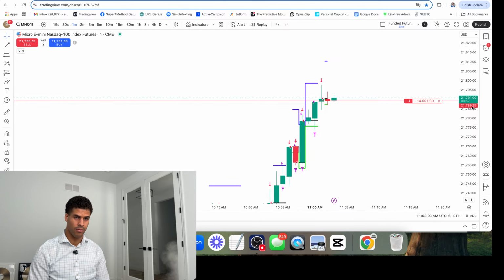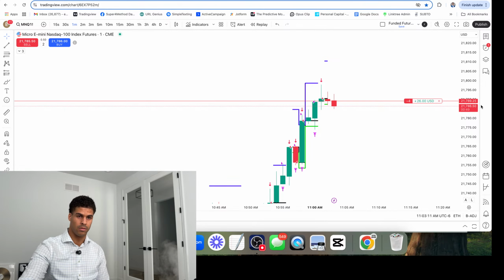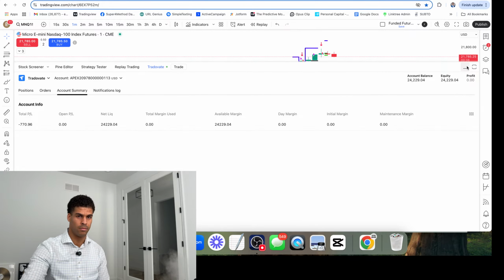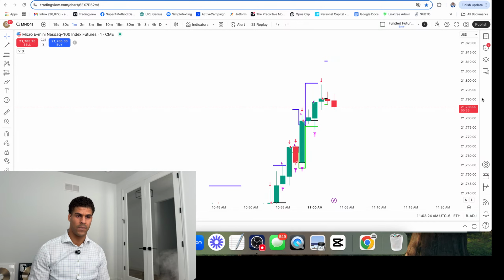Short position here. This one I definitely don't love, but I can figure it out. Okay, good. We get $16 on that one. Not bad.